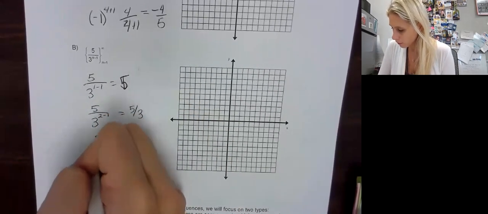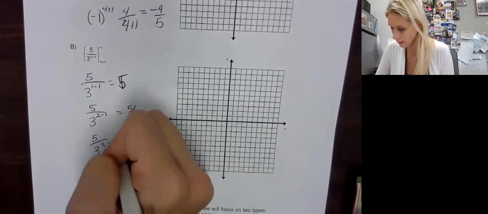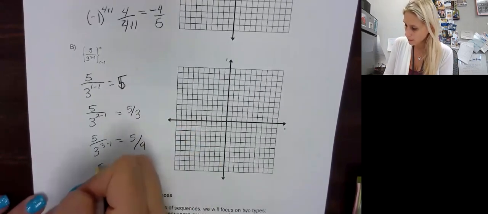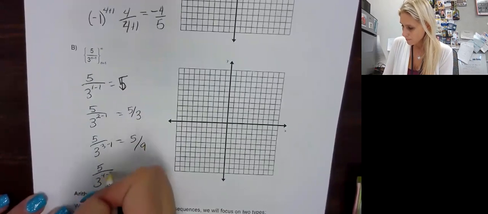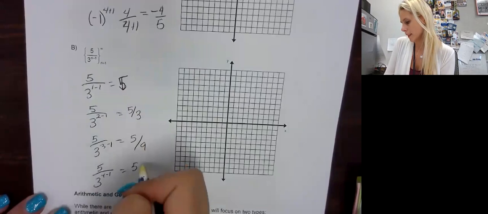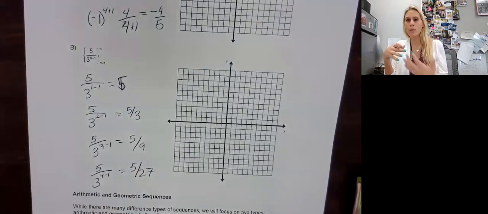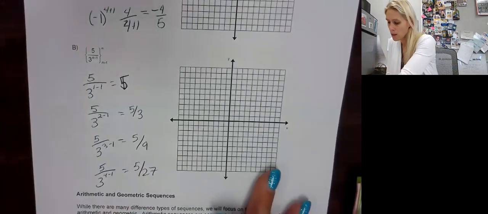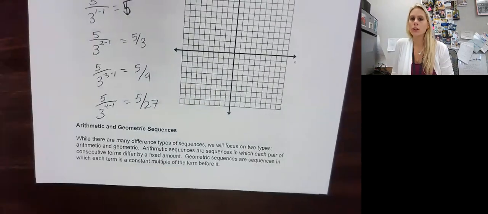And 5 over 3 third minus 1, that gives us 5 over 9. And our last one, 4 minus 1, that's 5 over 27. Okay, so that's how, when we have equations, we can state our terms of our sequence by plugging in that n value. All right, let's get into the definition of arithmetic and geometric.